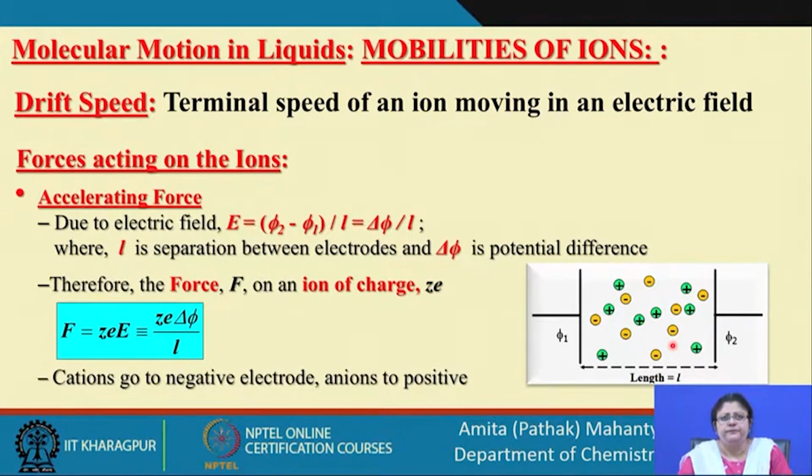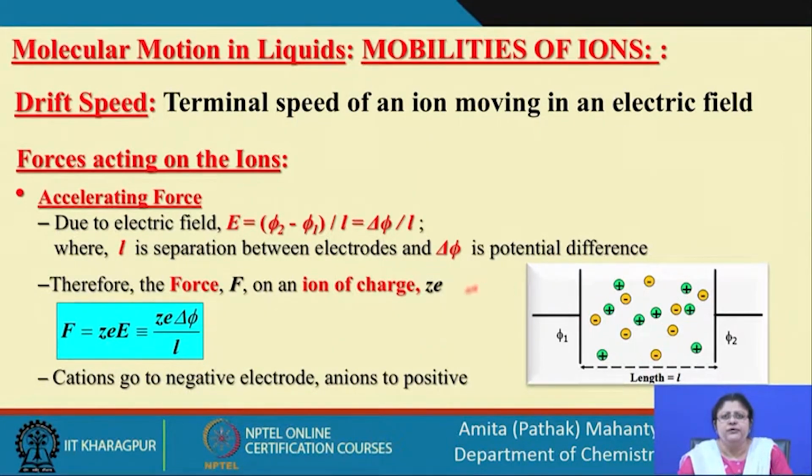So, if we want to find out the force on a particular charge, say Ze, what will be the force? Here e is the electronic charge, and Z is the number of charges associated with the ion.